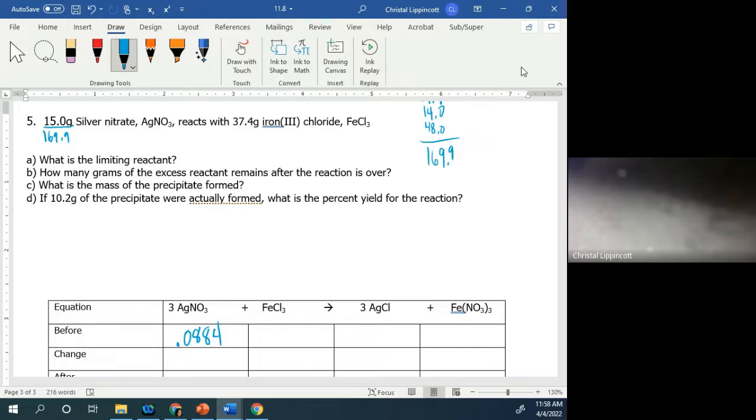All right, so I've got to find an iron here. Iron on my periodic table is 55.9. Chlorine, I've got 3 of those at 35.5. So that's 106.5 if I add all of those together. And now I'm going to add my iron and my chlorine together to get that molar mass.